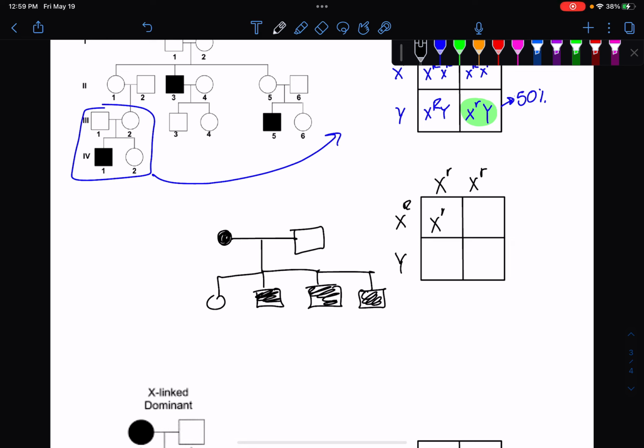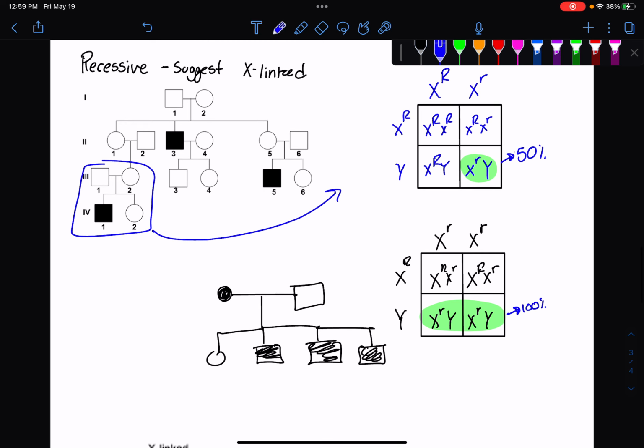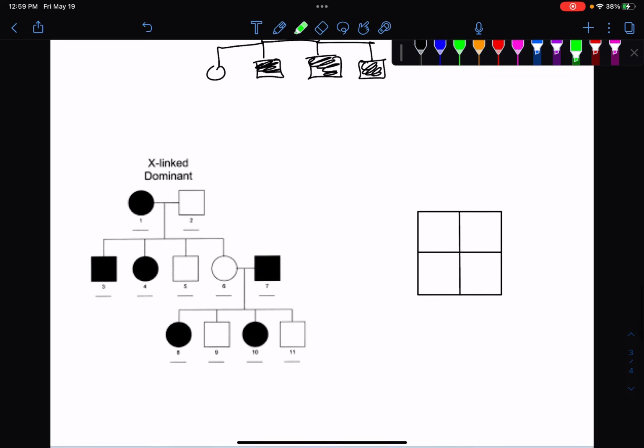When we write it out, what chance do the boys have of being recessive, therefore affected? Well, it looks like they all do. 100%. That's a situation where you have 100% of the boys being affected. If both parents are unaffected, the boys have a 50% chance, but the girls have a 0% chance. That's the key: if only boys are affected, it's X-linked recessive. And you can double check that by seeing if there's a skip generation to show that it's recessive. Okay, moving down to X-linked dominant.